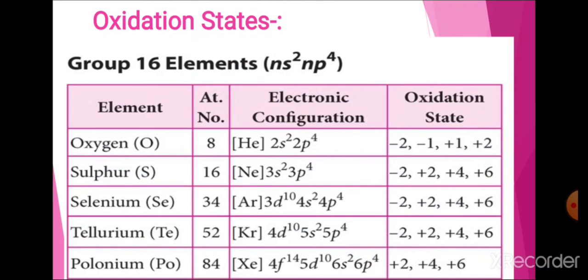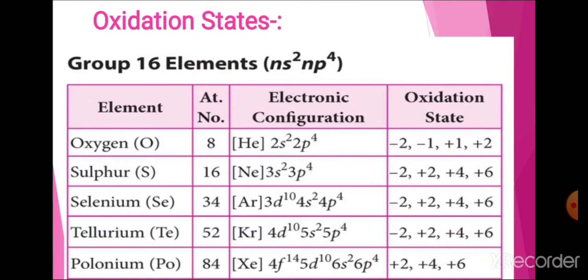These elements show -2 and +2 oxidation states in their compounds. Here the group members are given in the table. Their electronic configuration is also given and their oxidation states are given in this chart. This oxygen is the first member of the group.